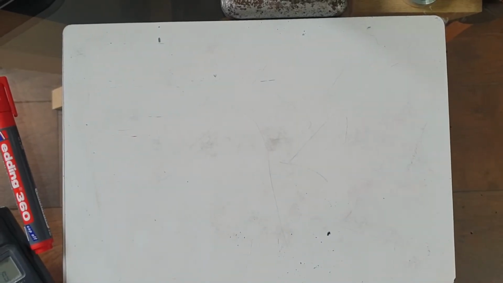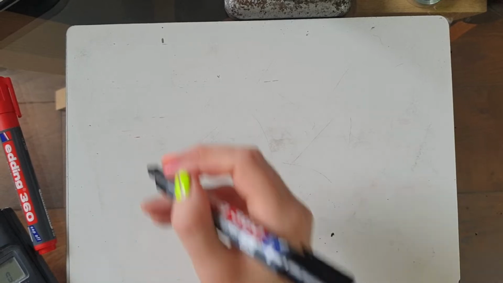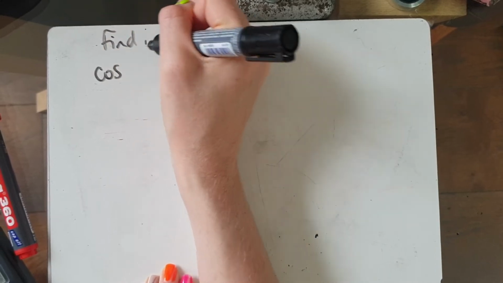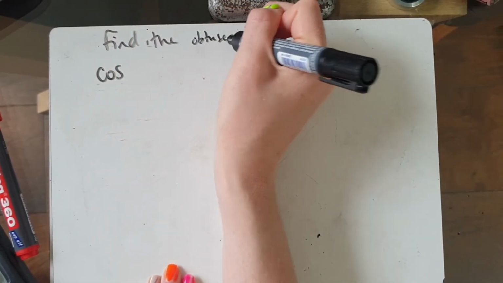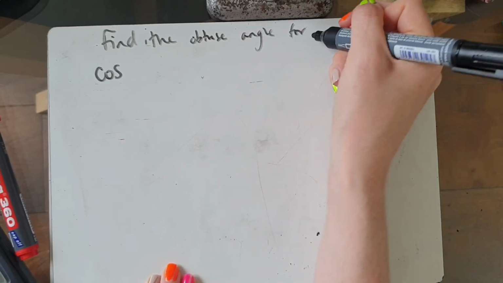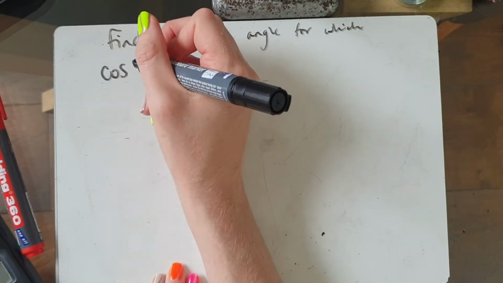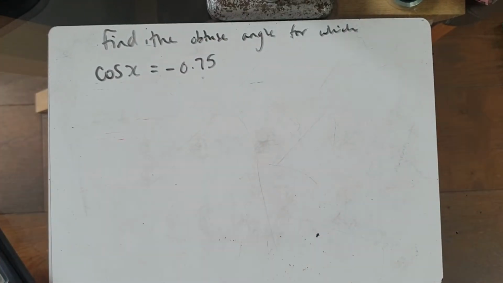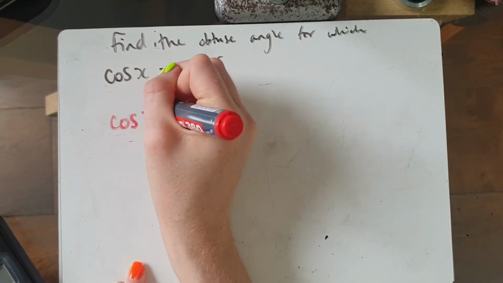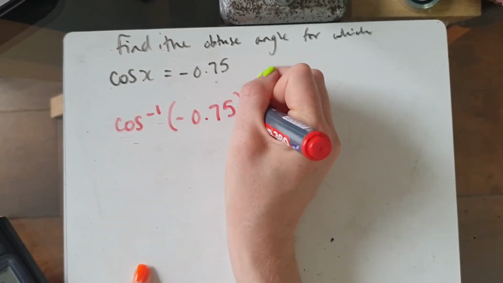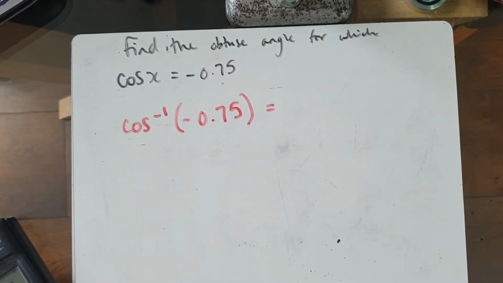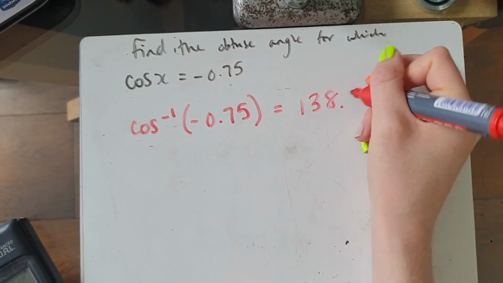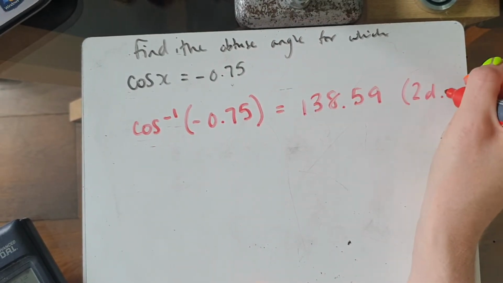For some of the cosine questions, you won't actually need to refer to the graph or do anything additional. If we want to find the obtuse angle for which cos x equals negative 0.75, we would do cos inverse of negative 0.75, and if we work that out in our calculators, we will get 138.59 to 2 decimal places.